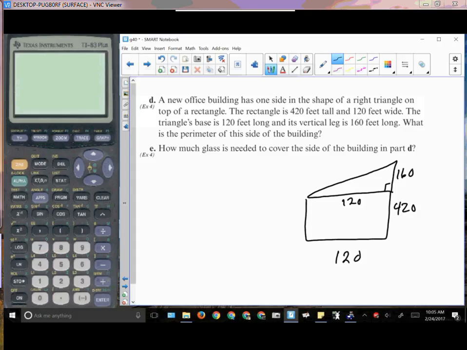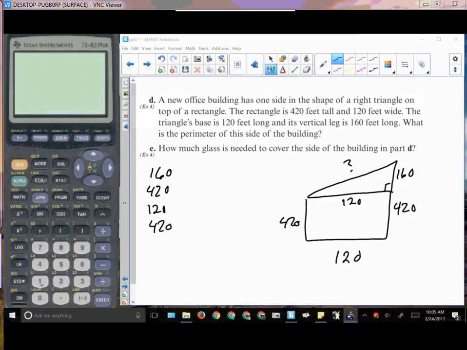So, what is the perimeter? Well, I know that it's going to be 160, 420, 120, another 420 over here. What's it going to be here? That I don't know. Because it's a right triangle, what would I use to go and figure that out? Pythagorean theorem.